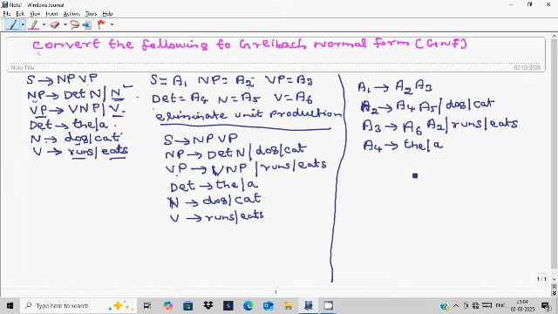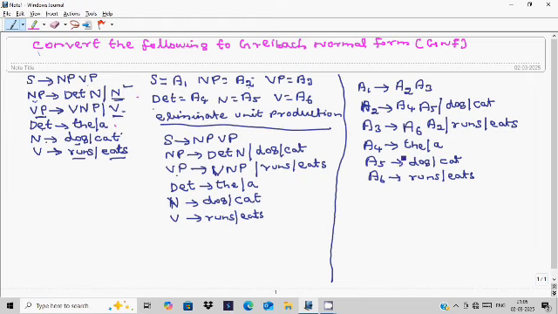Now the fifth production, N can be replaced by A5 and A5 consists of two terminals called dog and cat. And the last one, V can be replaced by A6, so it has runs and eats now. Okay. So now we have actually replaced all those A values here.